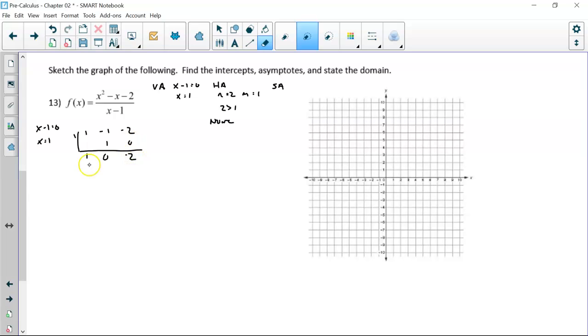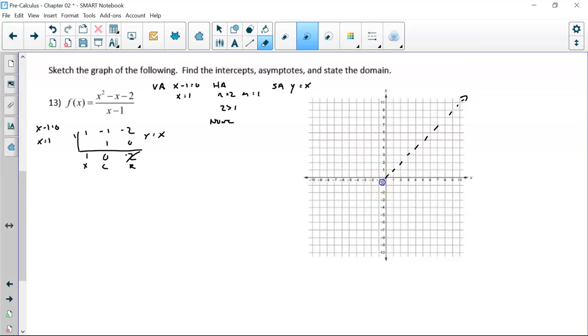Remember, the remainder is a constant, and we don't care about the remainder. But our slant asymptote is y equals, and it's just x. There's no other number there for the constant, so y equals x is our slant asymptote. You could also use long division. It doesn't matter. Y equals x goes through the origin.